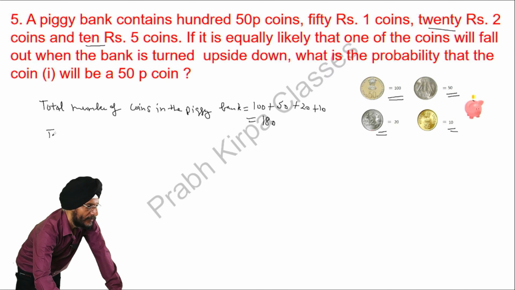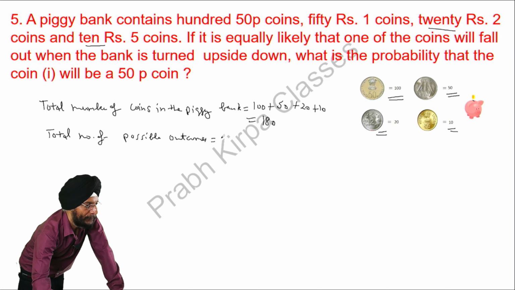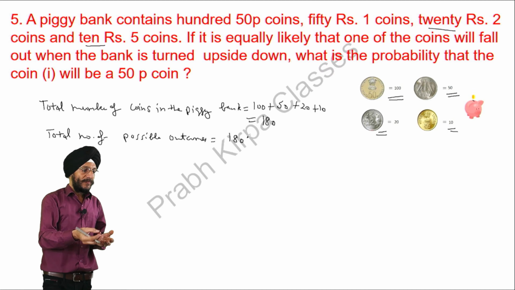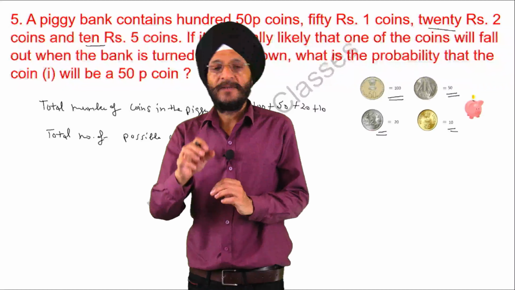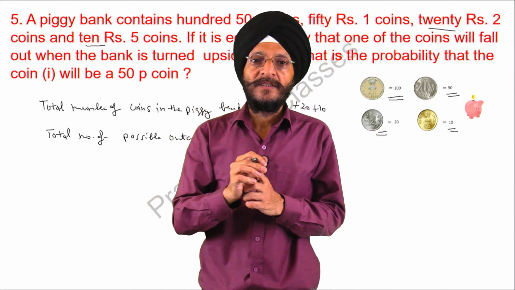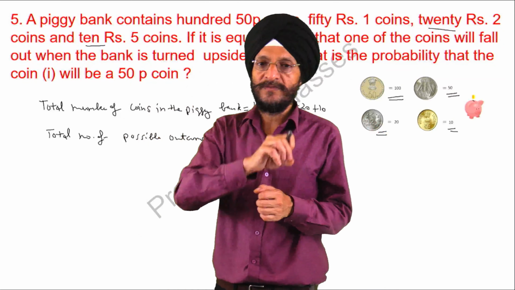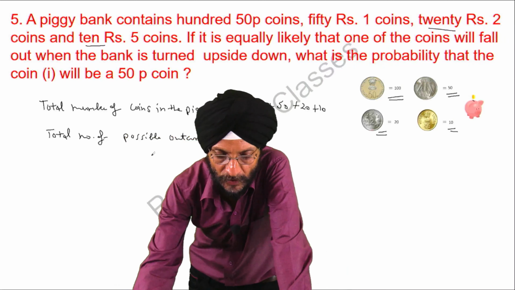So the total number of possible outcomes is 180. That is, if one coin comes out of the piggy bank once, then there will be 180 possible times that a coin can come out when the piggy bank is placed in the downward position.